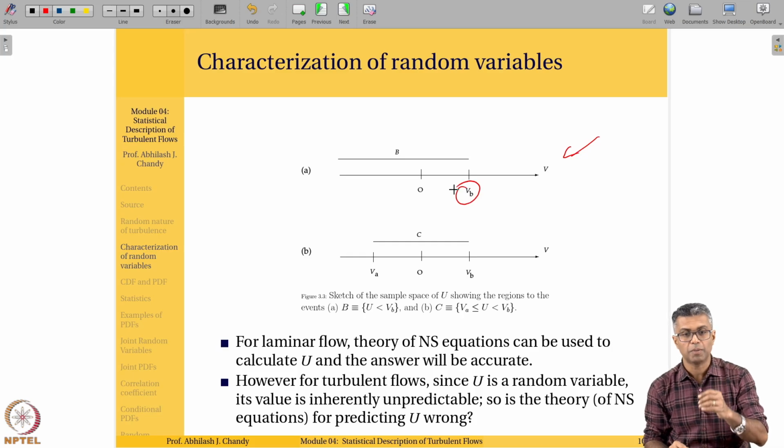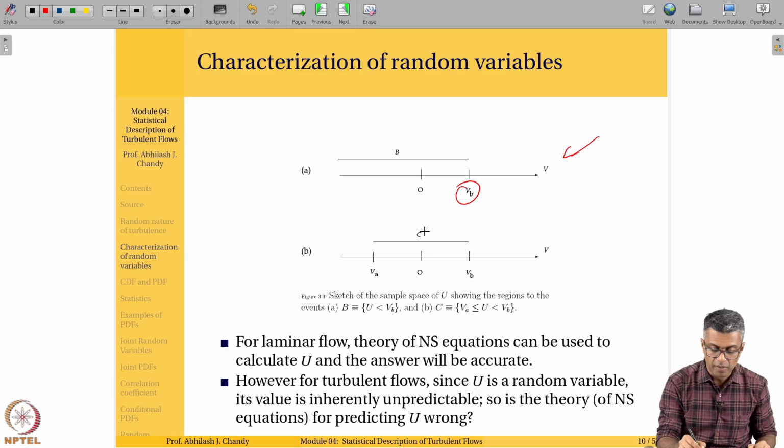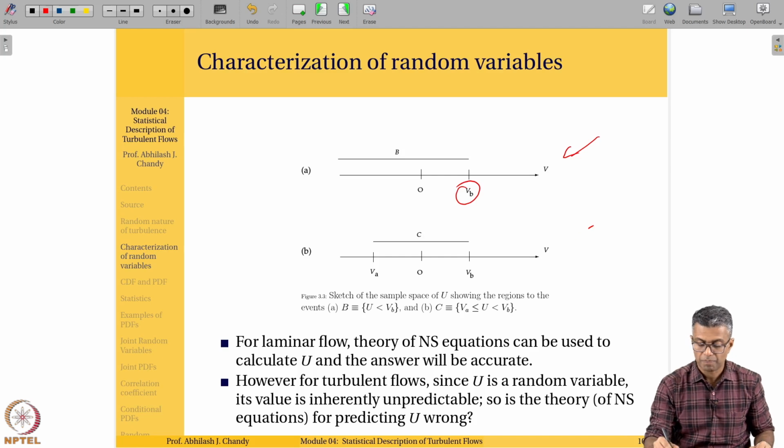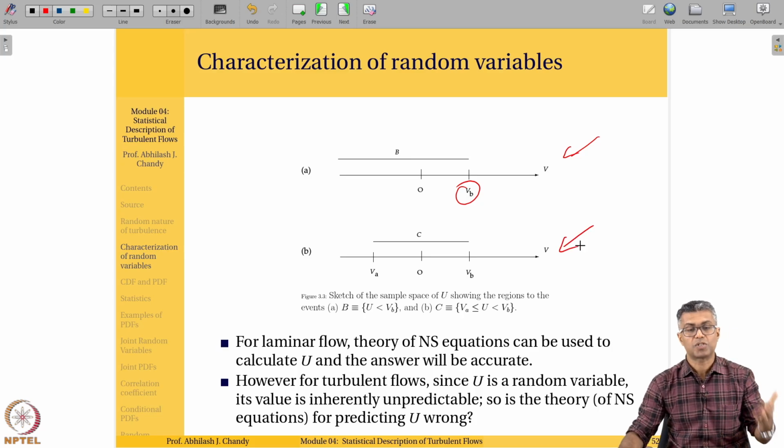So the B is a region showing the values of velocity less than Vb. And C here in B, it is showing the region for values between Va and Vb. So now the question is, what is the probability of B and what is the probability of C?